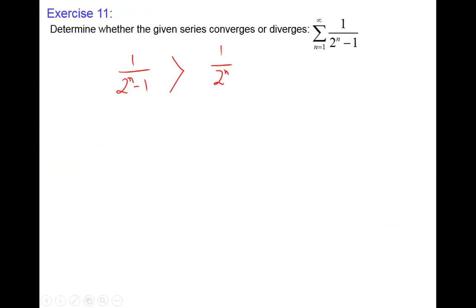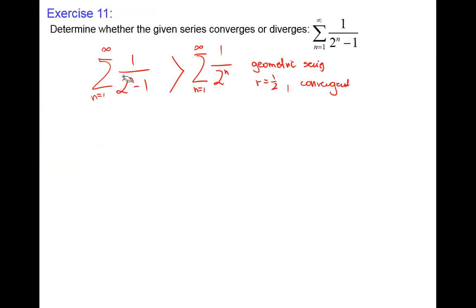And I think we don't have any other option in this. That means we are not as flexible as in the previous examples. This one is definitely geometric. The geometric series common ratio is 1/2, and it's convergent.